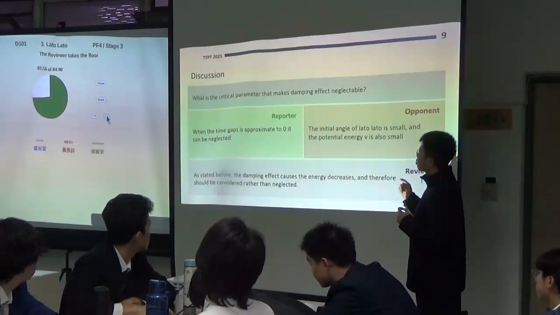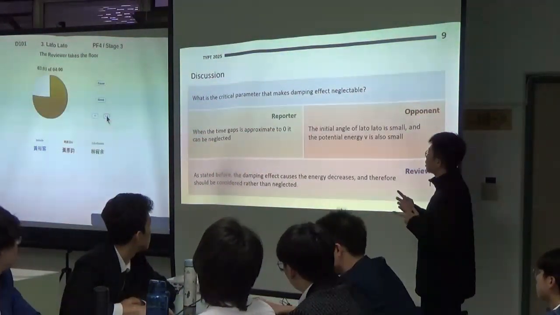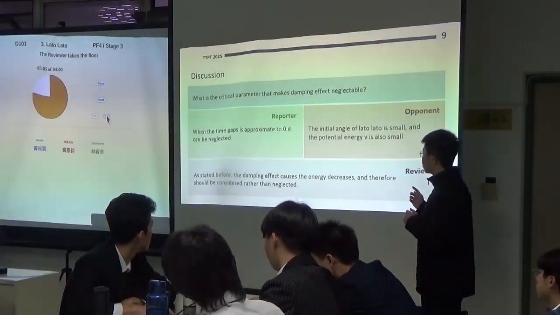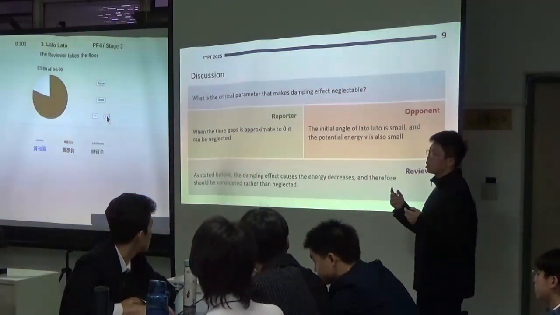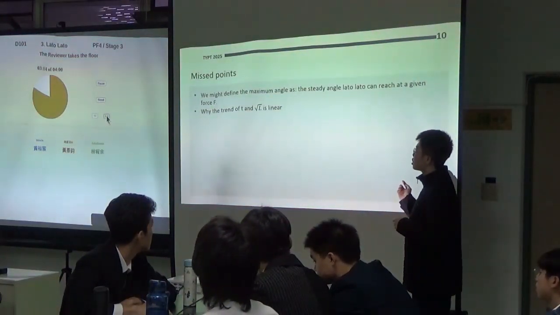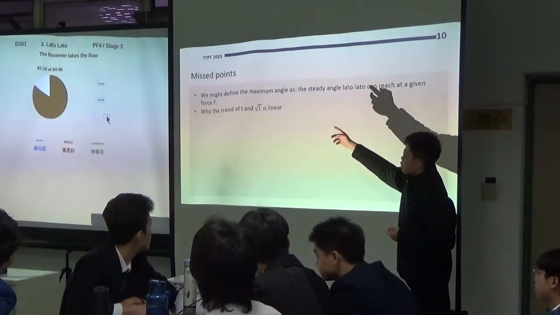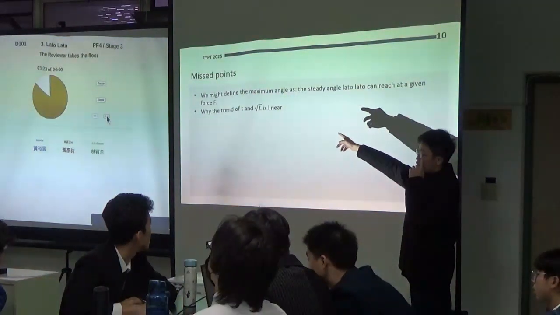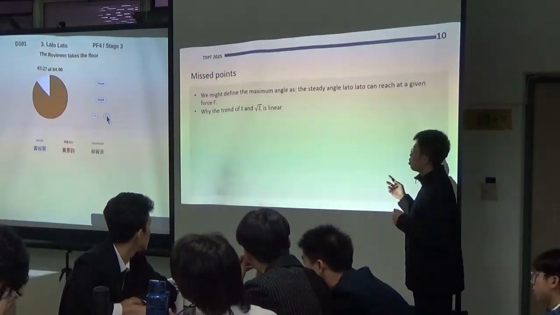And for the critical parameter that would make the damping effect in this situation, the reviewer agreed with the statement that damping effect causes energy loss decrease. There are some missing points for the T. The period time is linear to square root of L, as mentioned in the report, but didn't explain more.